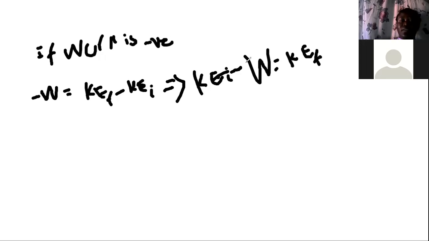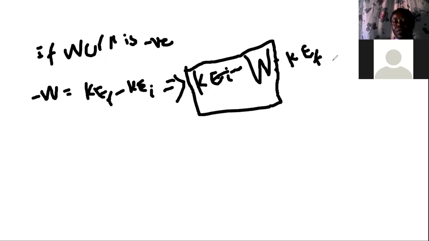You see that when the work done is negative, the final kinetic energy is less, because we are taking something out from the initial kinetic energy. So as the object is slowing down, it releases that energy.